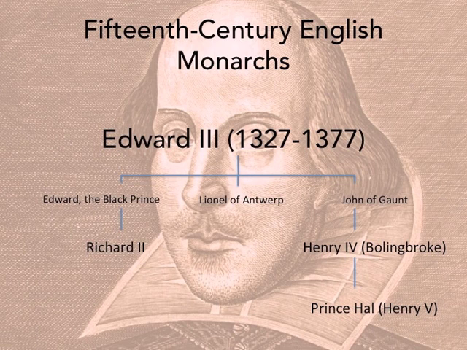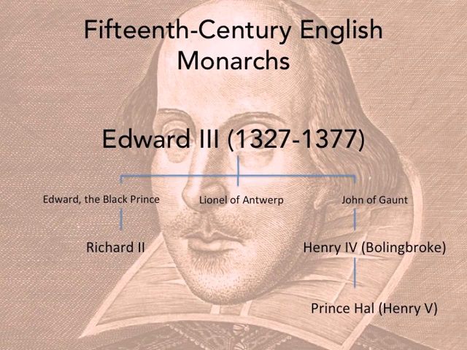And Hal, who, well, we'll talk about what Hal is like in later lectures, is the prince throughout this play and the succeeding play, the second part of Henry IV. He eventually will become king and will become Henry V, and he has his own play named after him. But students sometimes get confused because the play seems to be about Hal, and they think maybe he is Henry IV, but he's actually Henry V. His father, Henry IV, is king in this play.